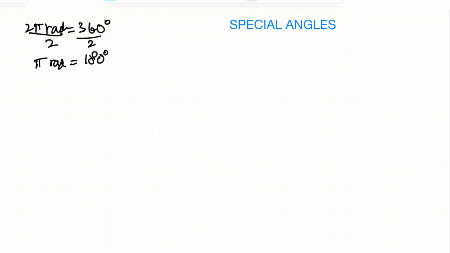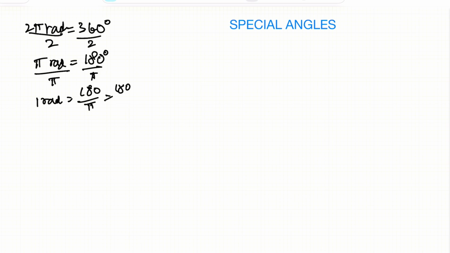So what we just saw was 2 pi radians equal to 360 degrees. Now if we divide both sides by 2, we get pi radians is equal to 180 degrees. Now if we divide both sides by pi, we're going to get 1 radian is equal to 180 divided by pi.